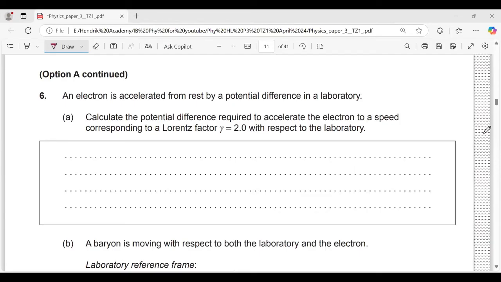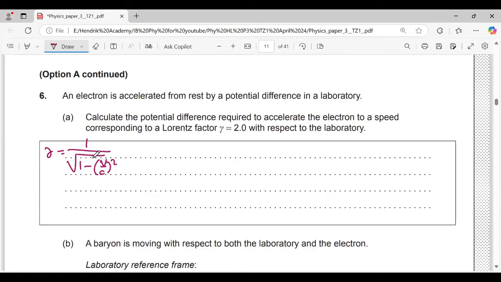Right. According to the Lorentz transformation formula, gamma equals 1 over square root of 1 minus v squared over c squared.